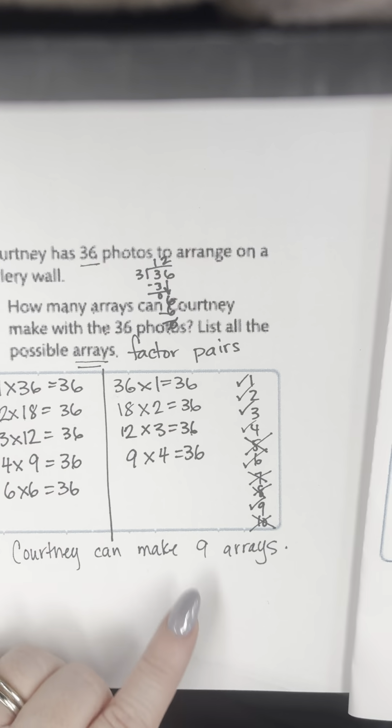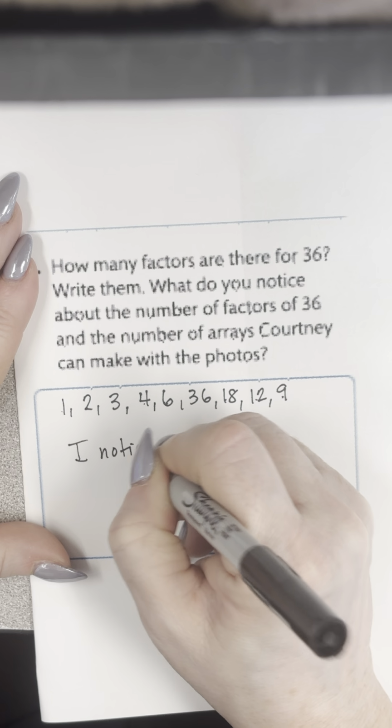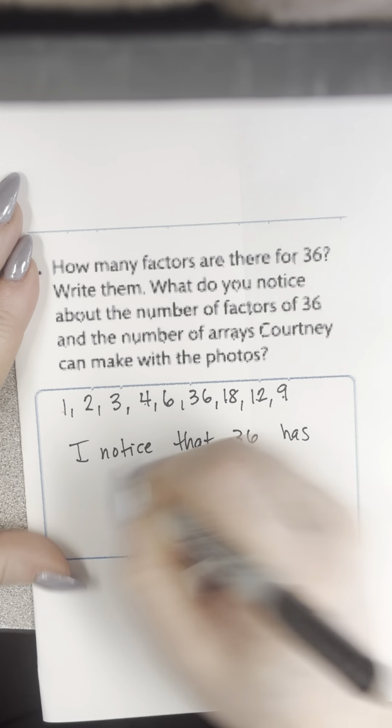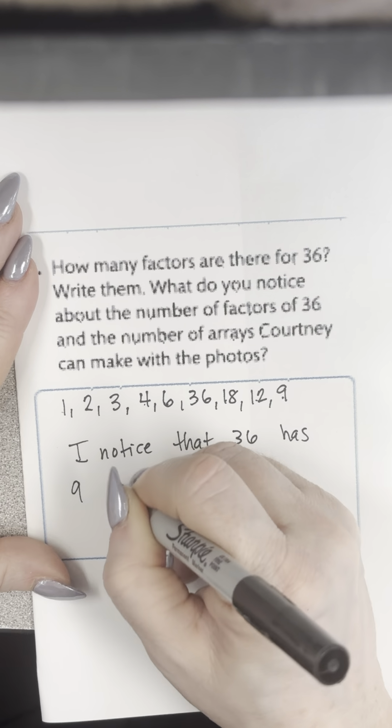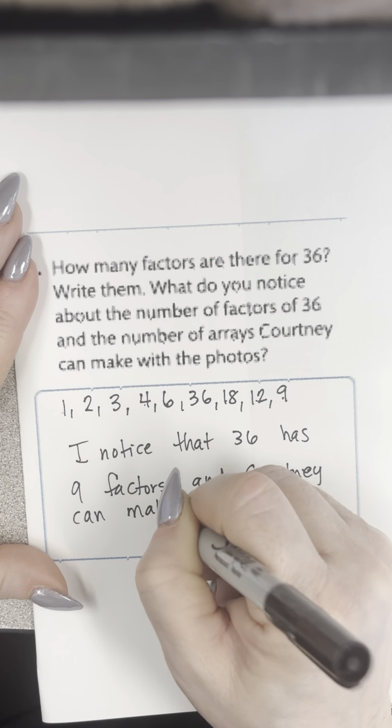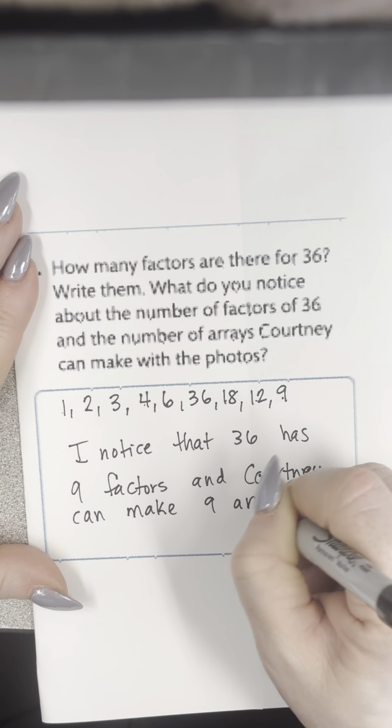And look at that. She can make 9 arrays. I notice that 36 has 9 factors, and Courtney can make 9 arrays. Great, so part A and part B are done.